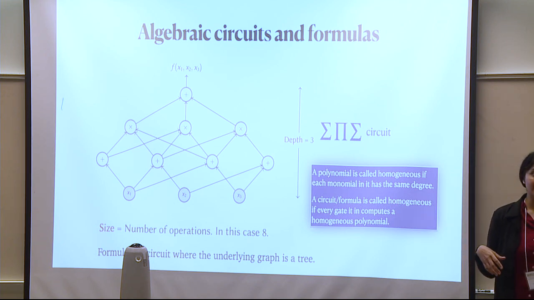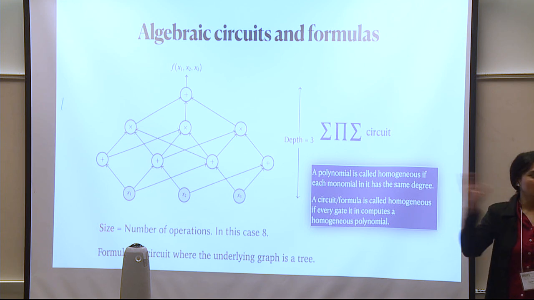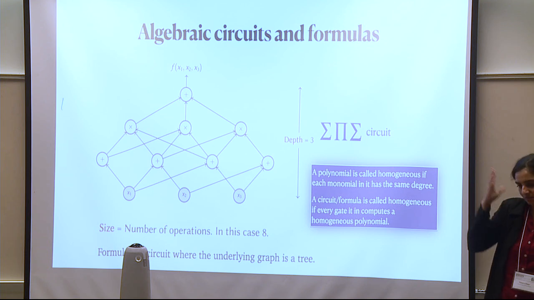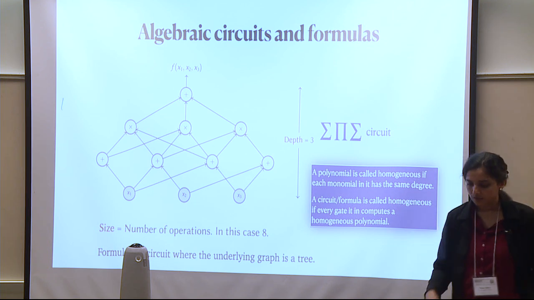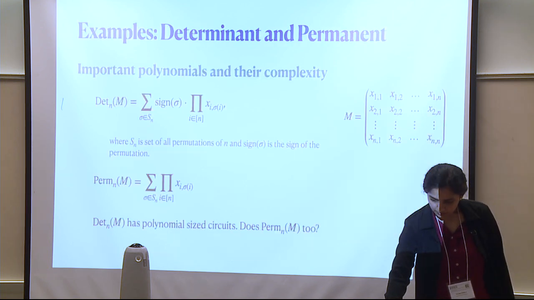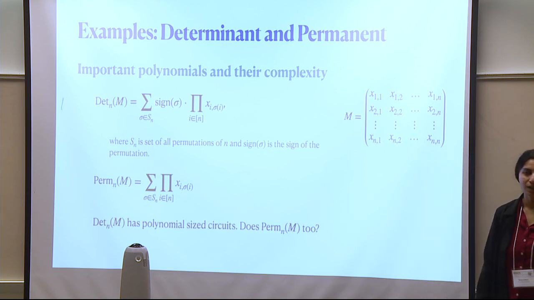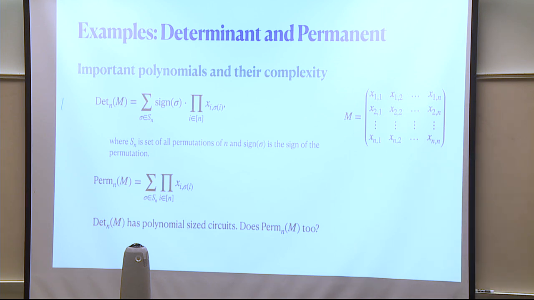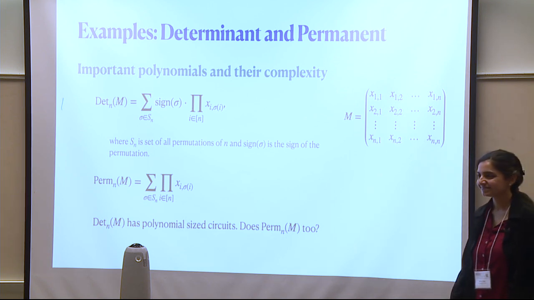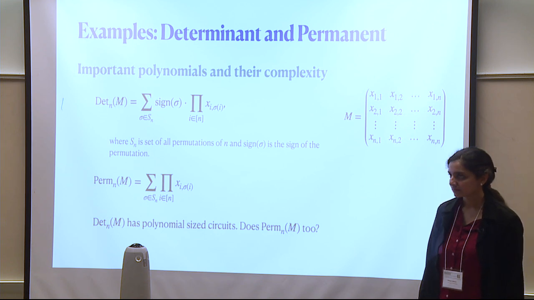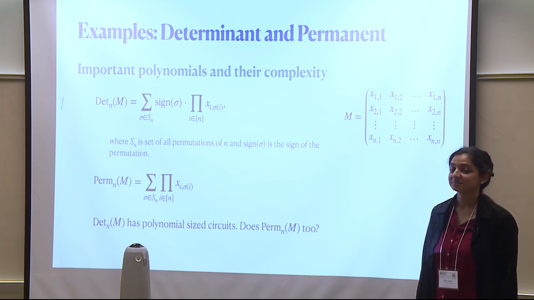Okay, so let's go back to the example we saw on the first slide, this polynomial which adds all monomials of all degrees. That's not homogeneous, it adds monomials of all degrees. Is it possible for a non-homogeneous circuit to compute a homogeneous polynomial?